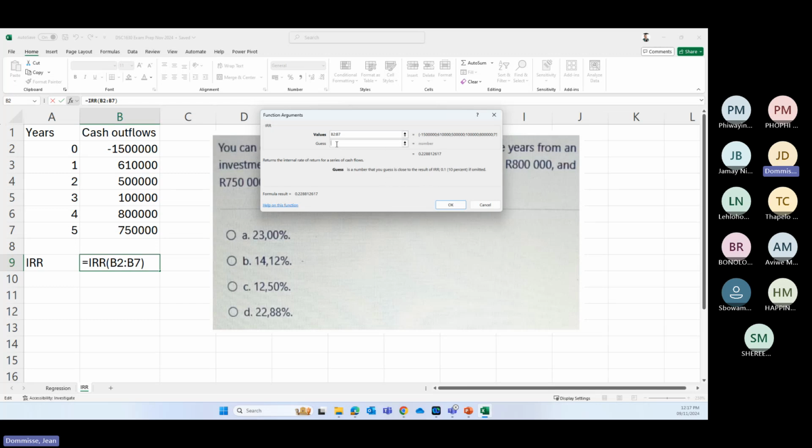You can omit it, you don't need to put it in, but I'm looking at these answers, where's the maximum number, where's the minimum, so let's guess an answer of 20%.